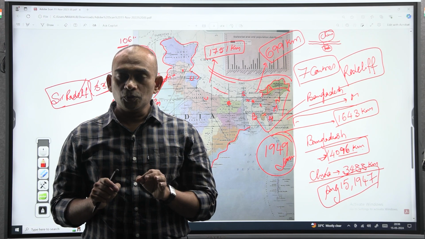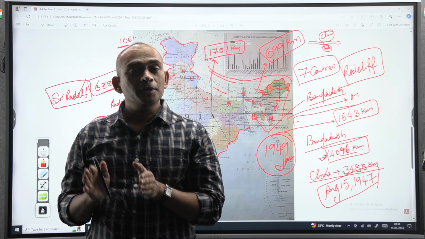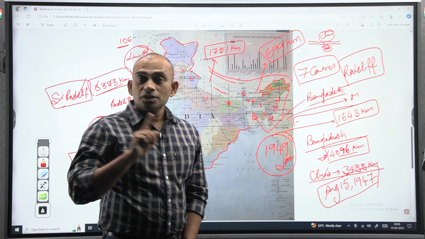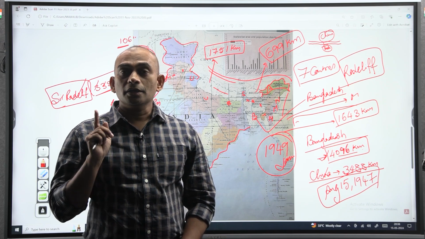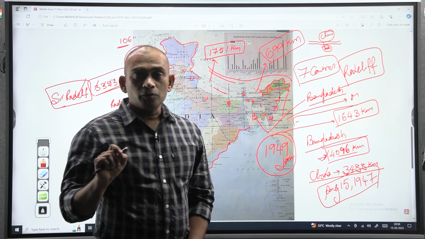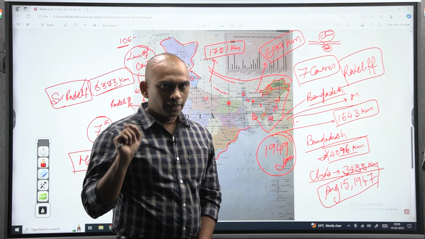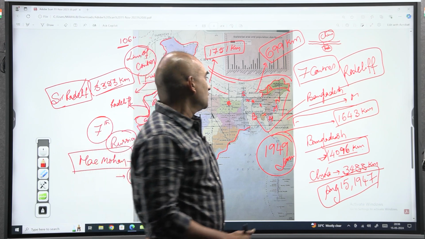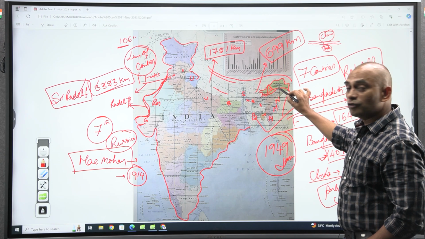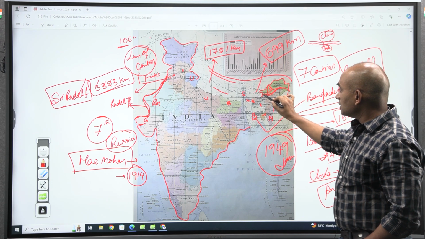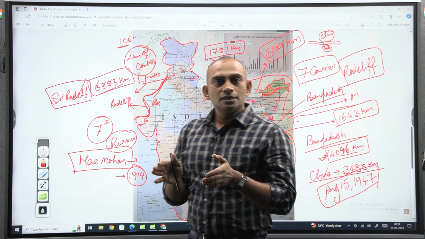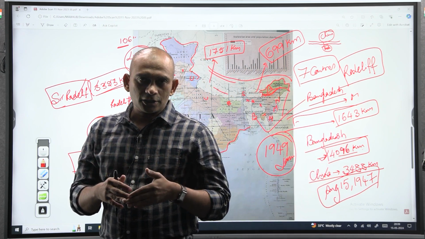Why does this dispute come into the news on and off? China is not ready to recognize the McMahon Line boundary. That means China is claiming up to the foothills of this region. What does this mean? China is claiming the entire Arunachal Pradesh.